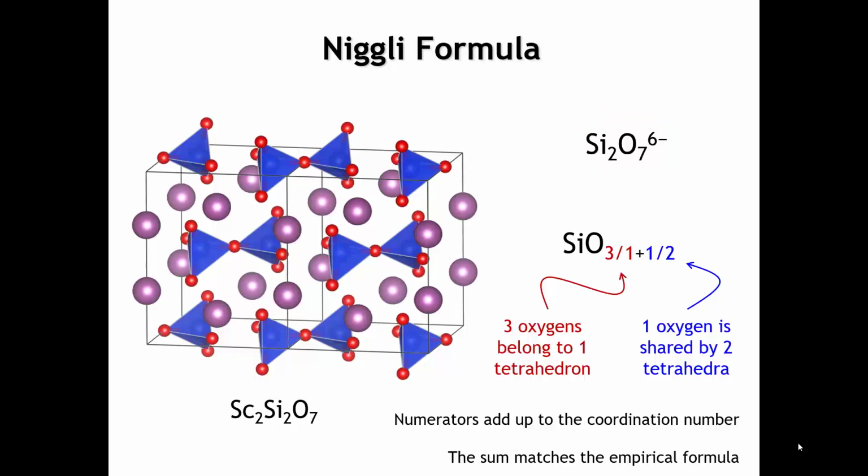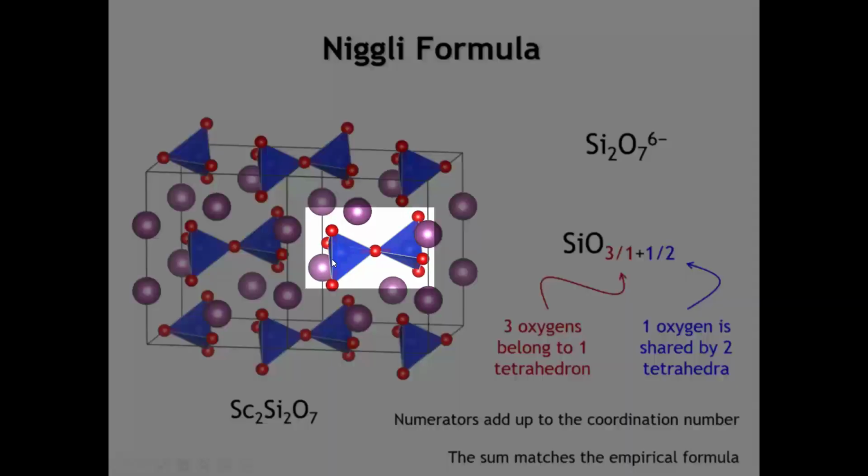If we look a little closer at the crystal structure, we see those polyatomic anions actually consist of two tetrahedra sharing one common vertex. Sometimes it's called a pyrosilicate ion.